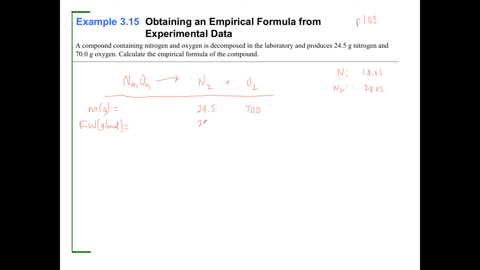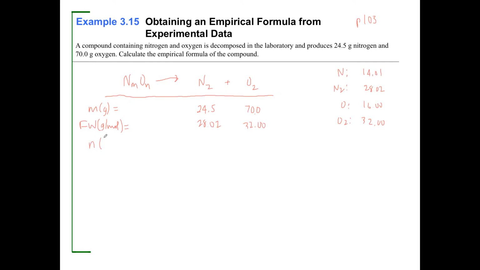Okay, 28.02, and oxygen is 16.00, and so O2 is going to be 32.00.